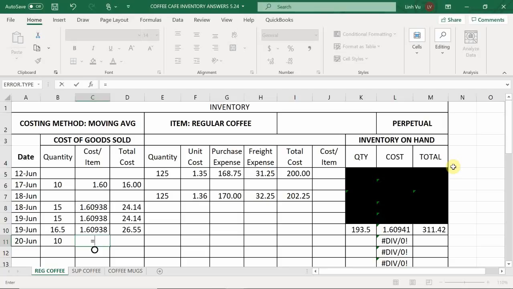Which gives me the 1.60940568475. Yes, that's your average cost per item. Correct. Now, if 1 pound is going to cost me $1.60941, how much is it going to cost me if I sold 10 of those pounds?